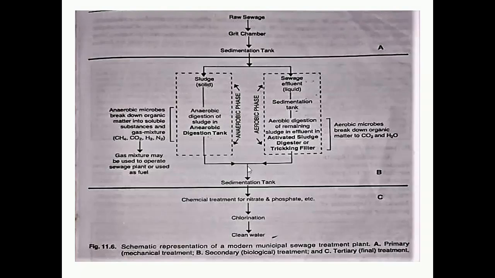In this aerobic digestion, microorganisms are used to produce gas as well as materials. In anaerobic digestion also, microorganisms produce gas. Finally, the aerobic or anaerobic digested material enters the sedimentation tank.